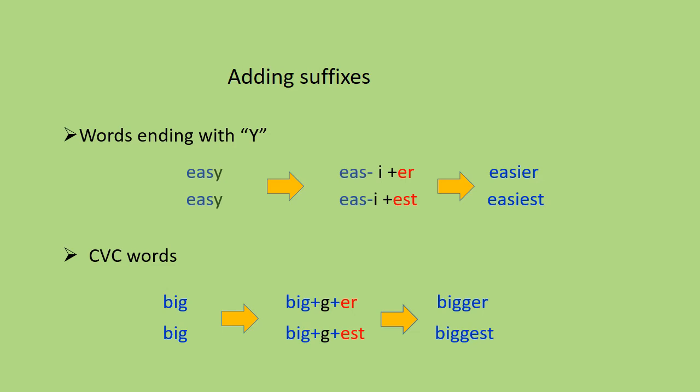Before adding er and est, y is dropped and i is added. Then move to the next one. As we know, CVC words double their last consonant before adding the suffix. Example, big, bigger, biggest.